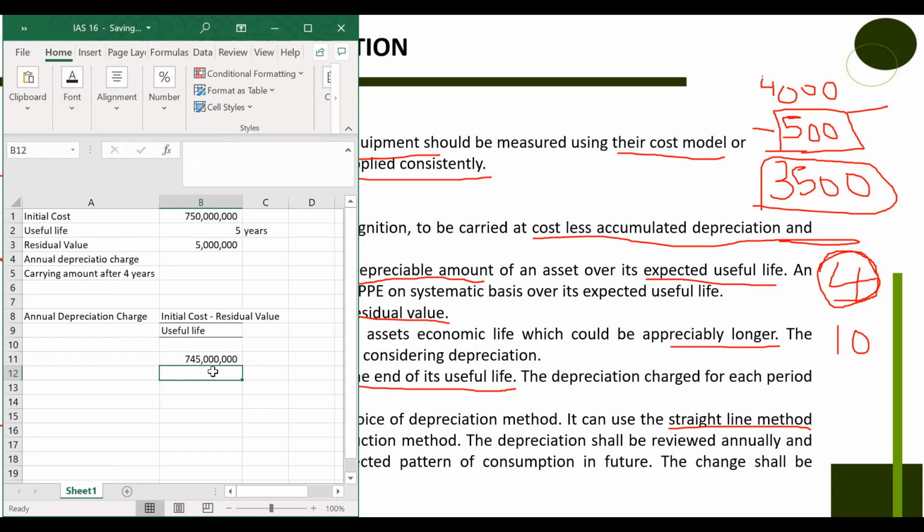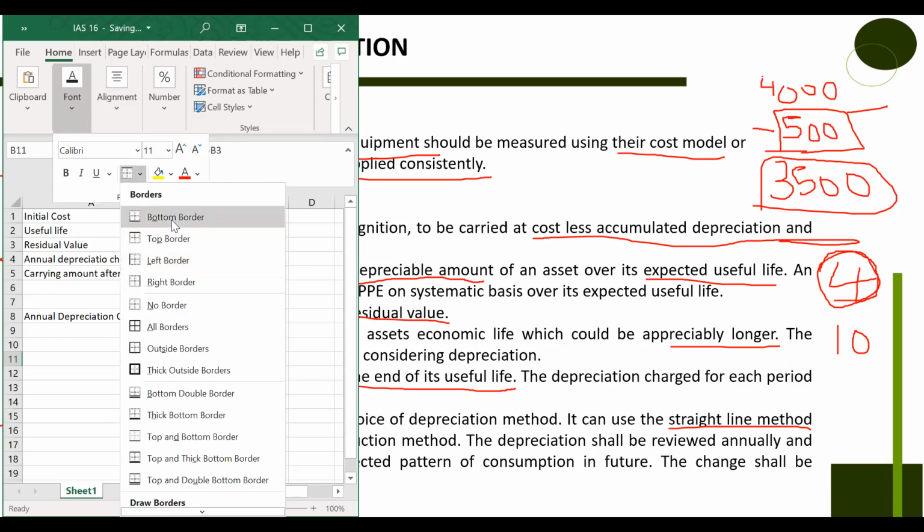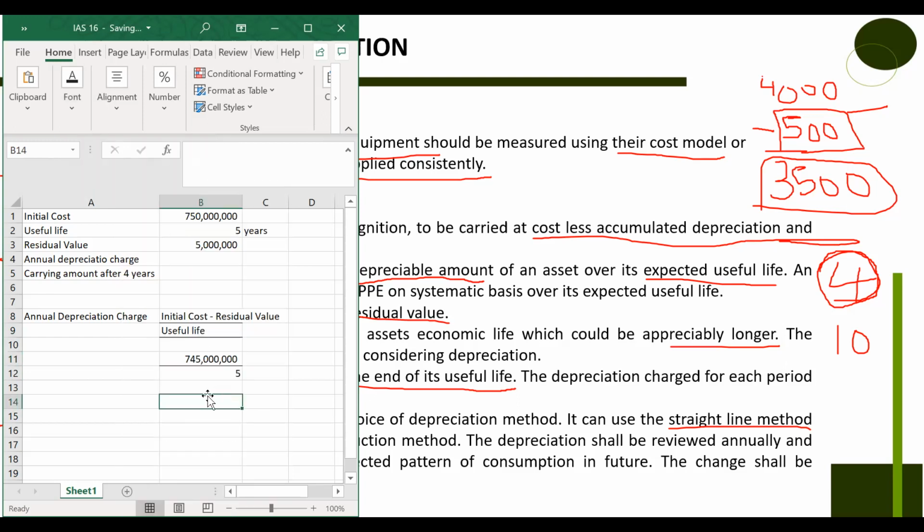Divided by what? 5 years. And this one will give us what? Can you press your calculator and tell me the answer? 149,000. So this is going to be our annual depreciation charge.